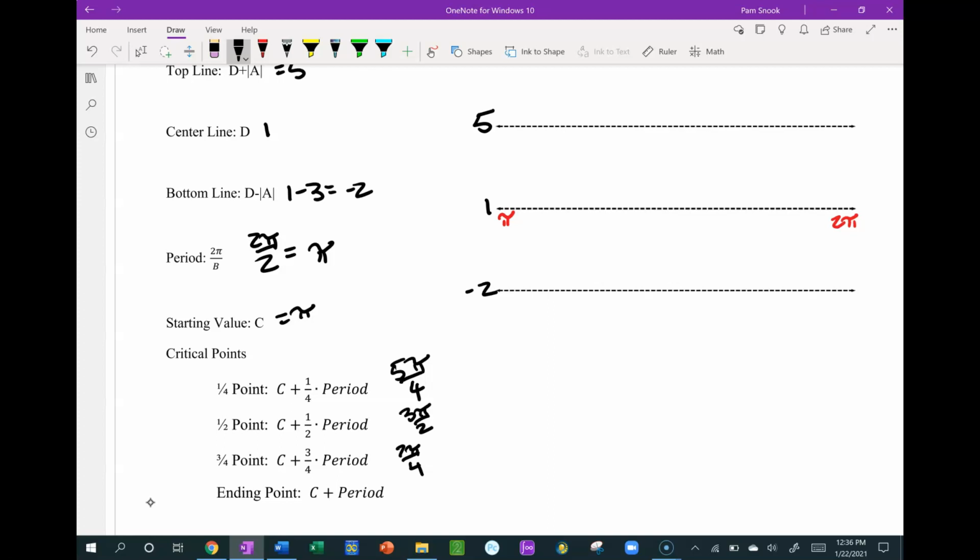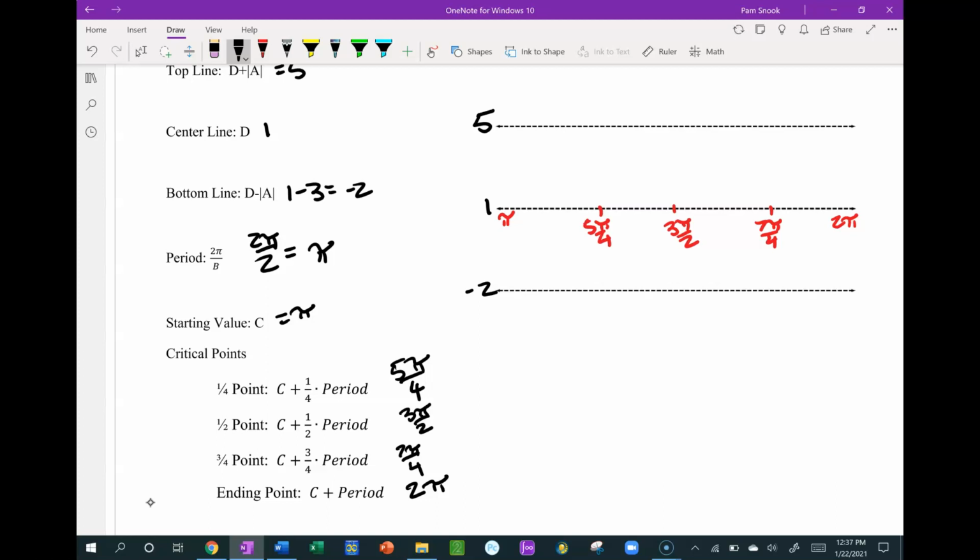And then C plus a period is going to be 2 pi. So let's go ahead and label these. So 3 pi over 2, 5 pi over 4, 7 pi over 4. I've got my center line and top and bottom labeled. So I'm ready to graph.